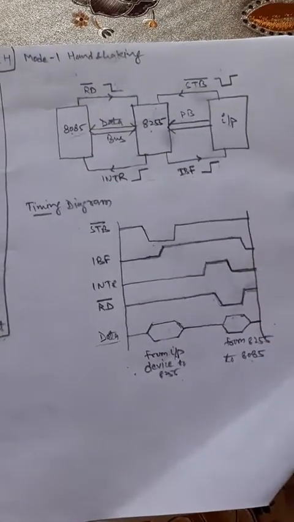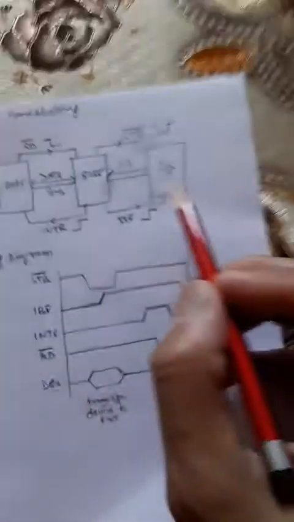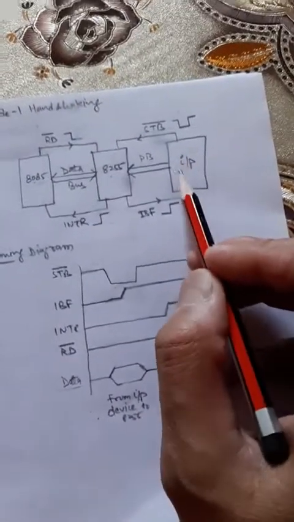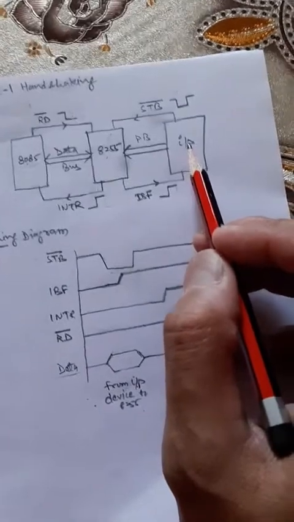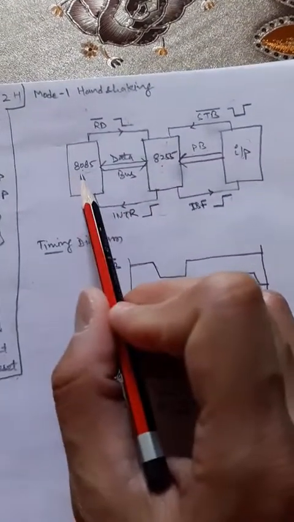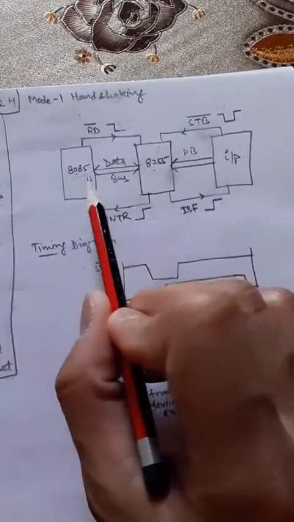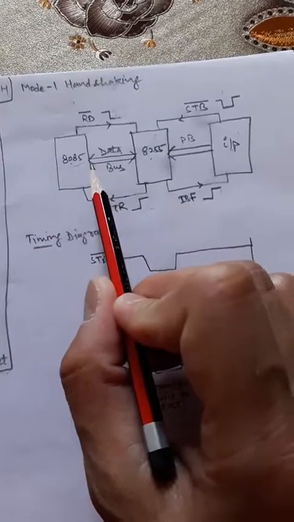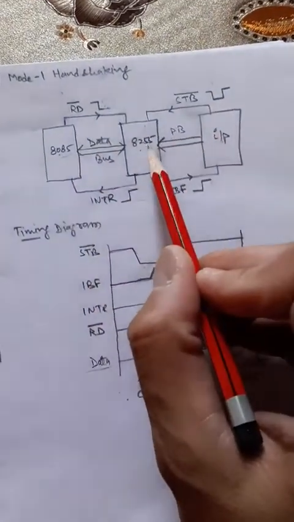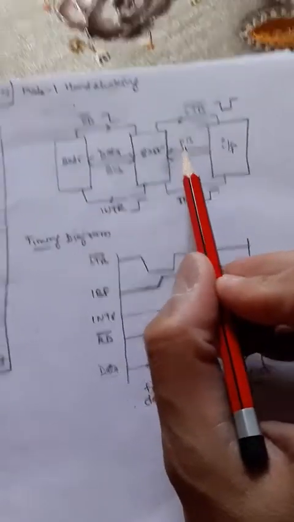This is mode 1 handshaking, and the port is programmed for input handshaking. I have used an input device over here; you can use any input device. This is the 8255, and this is our processor 8085. The 8255 and processor are connected with the bidirectional data bus, and the input device is connected with 8255 through the port.